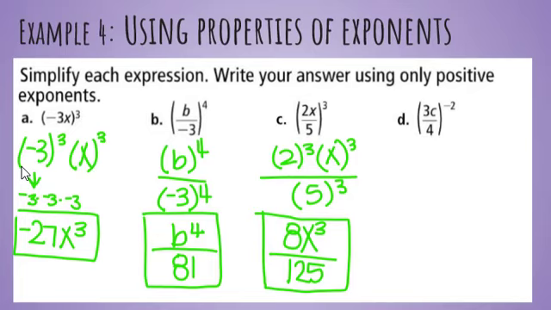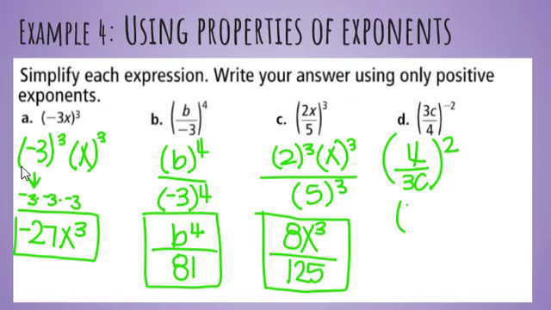So finally, our last one is similar to what we did in C, but we're starting here with a negative exponent. So we want to get rid of that negative exponent. Our first step here is going to be to take the reciprocal. So we have 4 over 3c, and now our exponent becomes positive. So then it becomes a problem like we did over here.